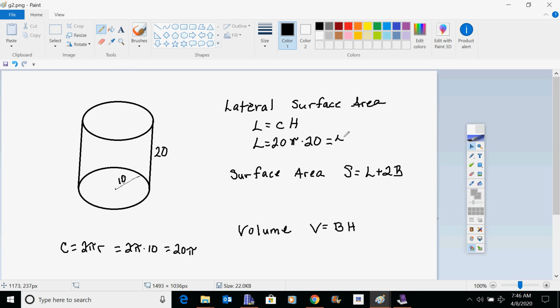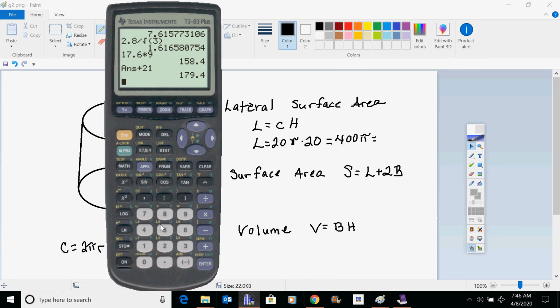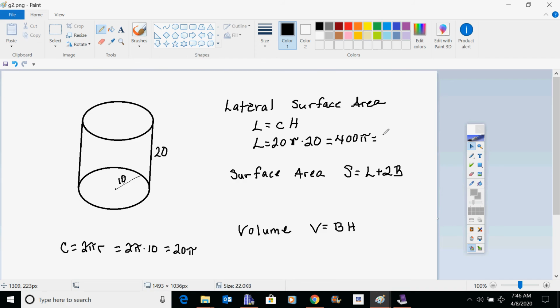So 400 pi. And just a real quick calculation, 400 times pi. So 1,256.6 units squared.